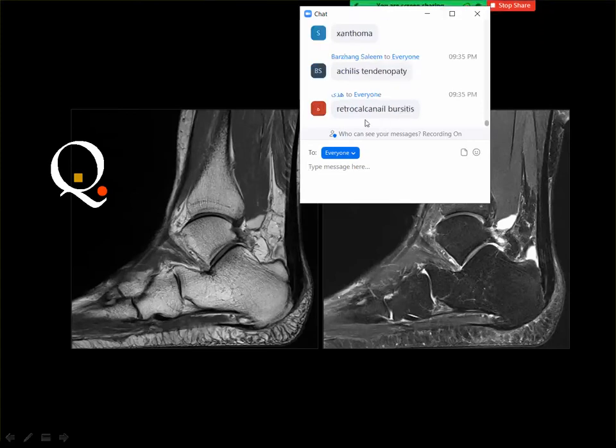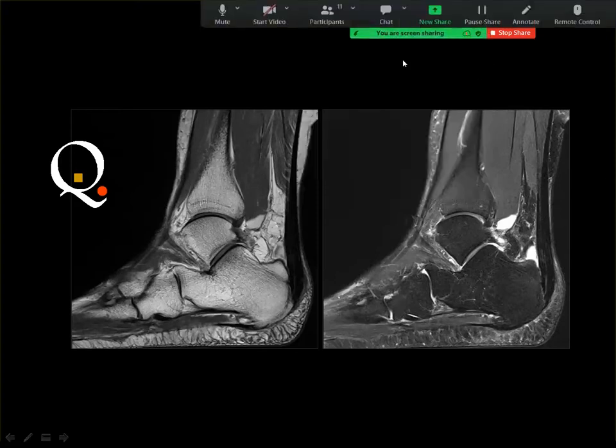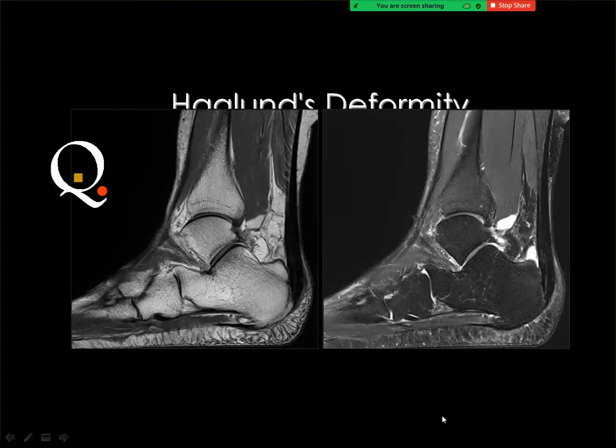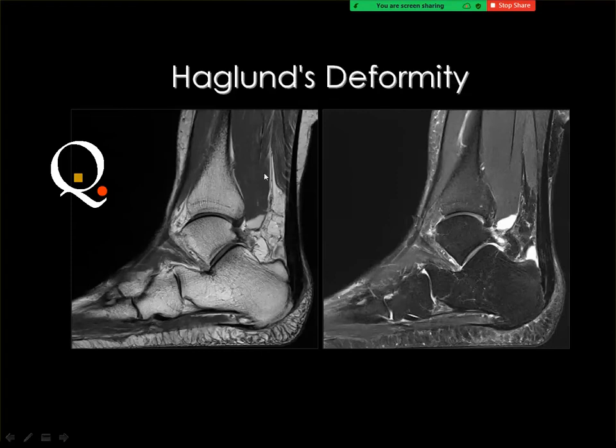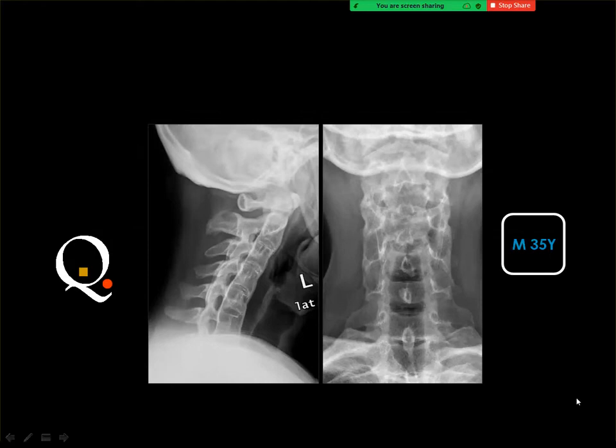Achilles tendinopathy, retrocalcaneal bursitis and subcutaneous inflammation, all these form the syndrome known as Haglund syndrome. And this is Haglund syndrome with tendonitis of the Achilles tendon, retrocalcaneal bursitis, and subcutaneous inflammation or retro-Achilles inflammation. And the three components represent the Haglund syndrome.